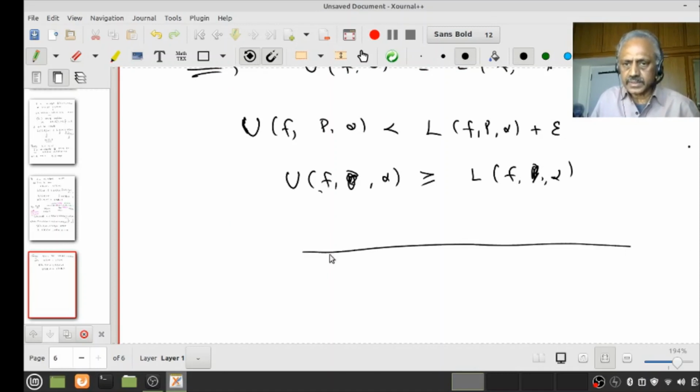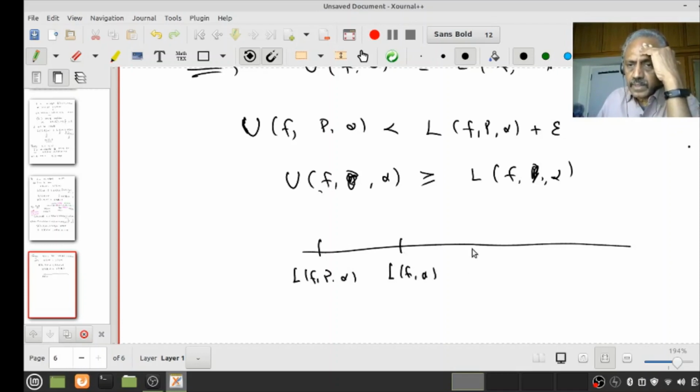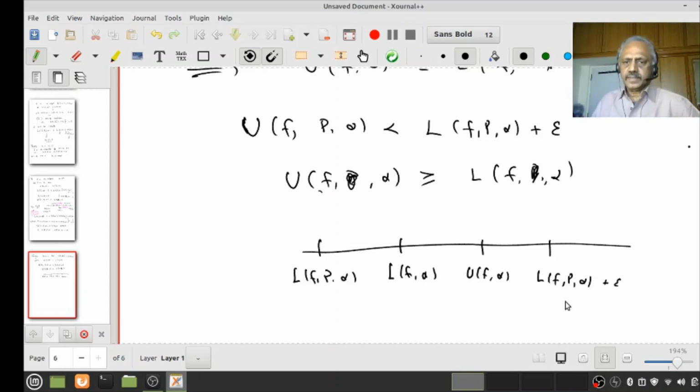This is my L of f, P, alpha, and that is less than or equal to L of f, alpha, which is less than or equal to U of f, alpha, but that is less than or equal to L of f, P, alpha plus epsilon. You understand that? Given any positive epsilon, there exists a P so that this happens. Therefore, what is the distance between L of alpha and U of alpha? At most epsilon. You follow that?